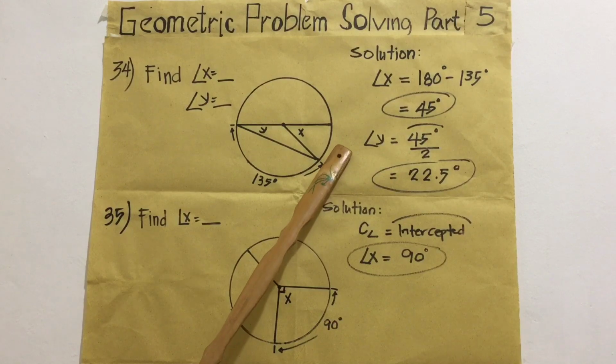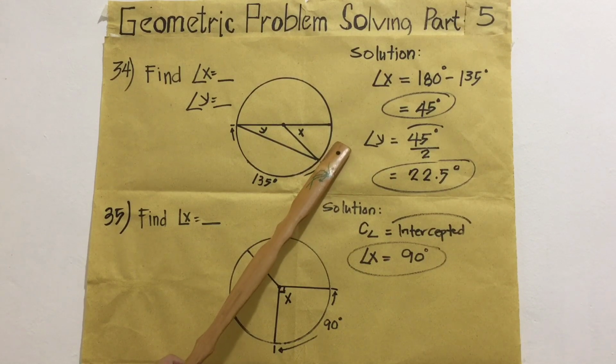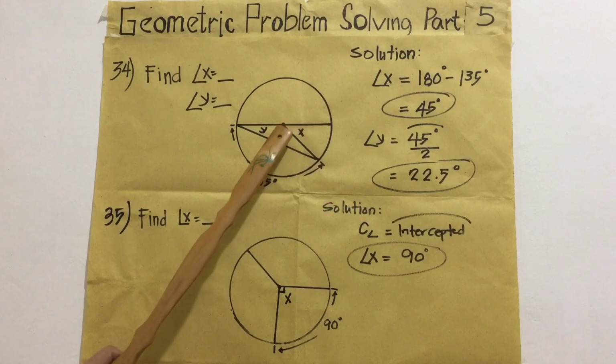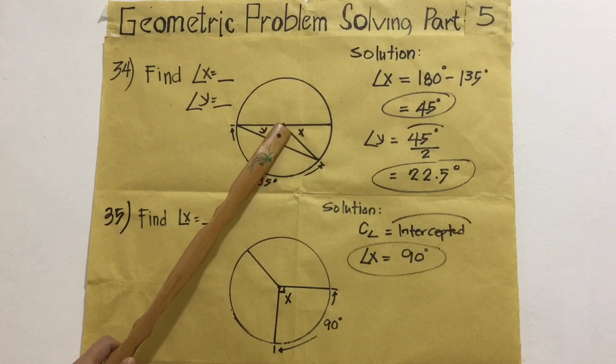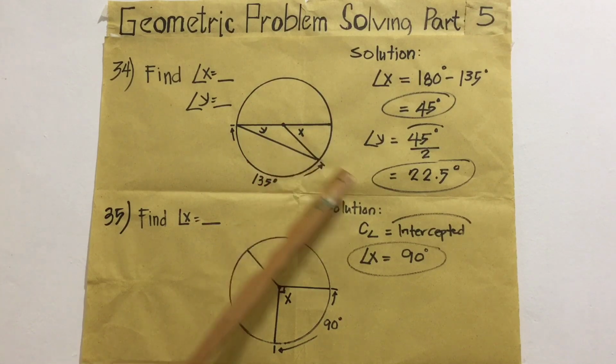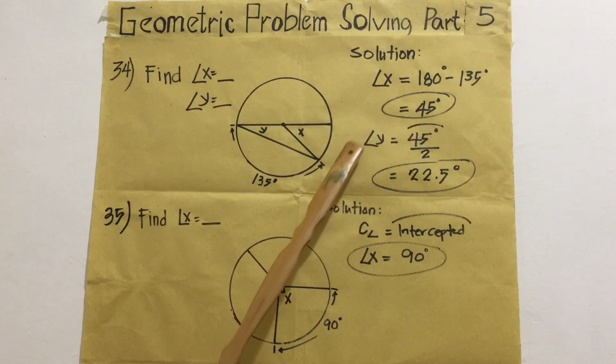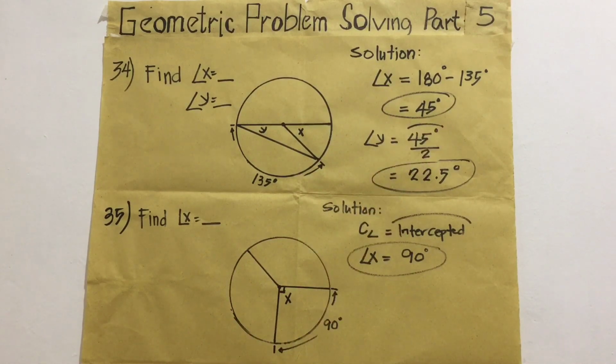So that's only for the arc. And remember, if the intercepted arc is 45 degrees, then this will be equal to the central angle, which is x. So that's why our angle x is equal to the intercepted arc, 45 degrees.